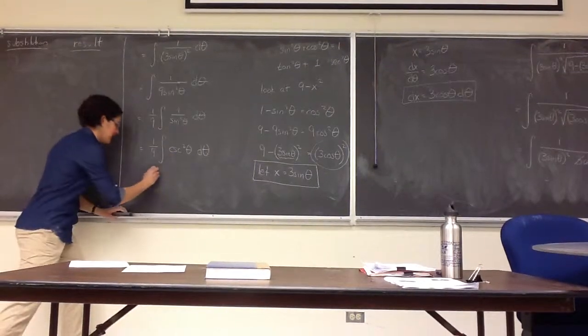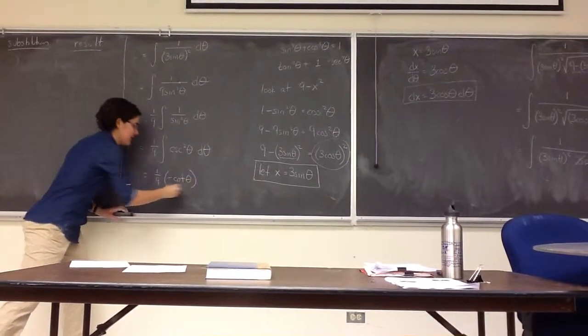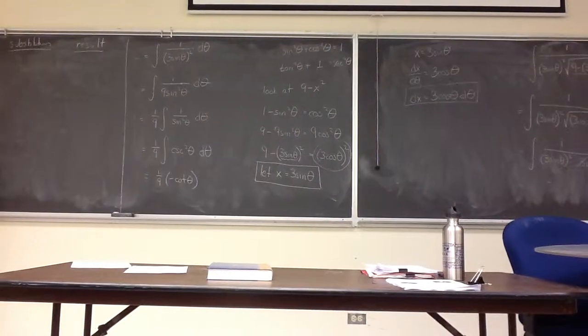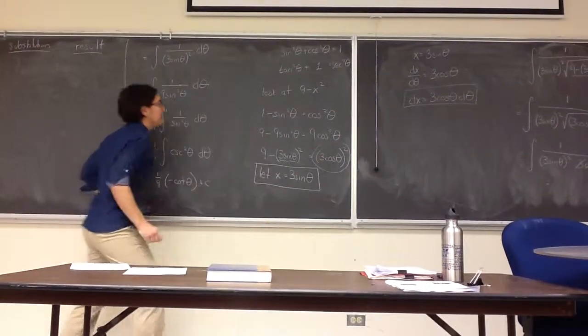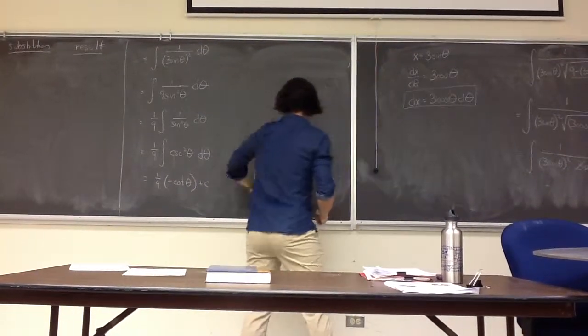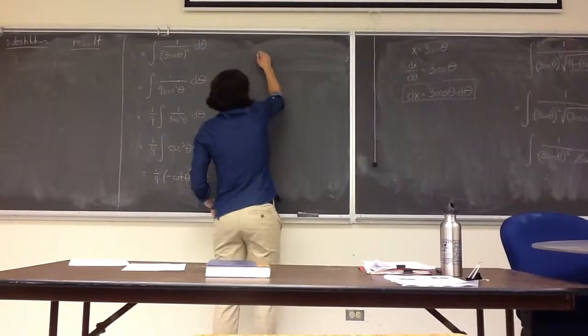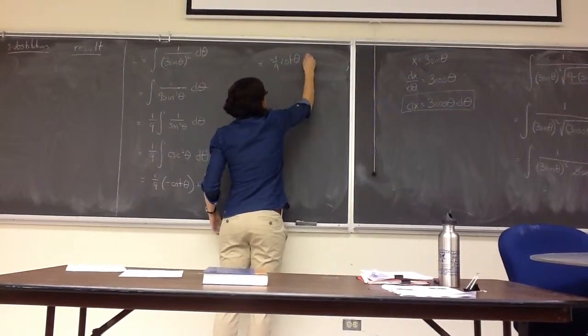And so this becomes 1/9 times negative cotangent of theta plus c. So we now have negative 1/9 cotangent of theta plus c.